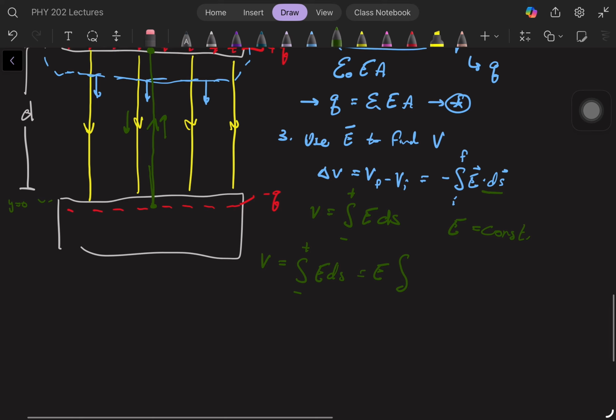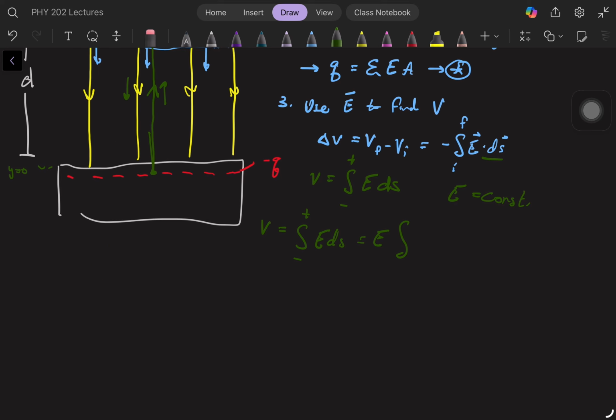If the spacing is d, we can do that. And so we just integrate from 0 to d in ds, and we get E times d, right? And so we write V equals ED. We've seen this equation before, and we'll call this equation double star.